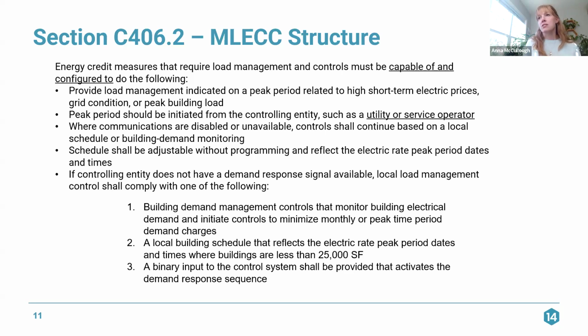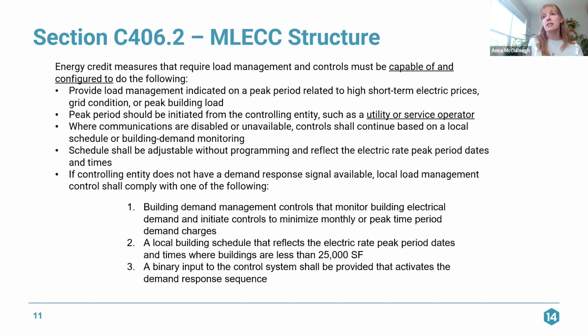Where communications are disabled or unavailable, controls shall continue based on a local schedule or building demand monitoring. So the grid goes down, or the communication is broken between the utility and your building, something like that. There is a backup. You don't just kind of free fall into peak loads. You're going to be reducing your peak load through a schedule or based on local building demand monitoring.